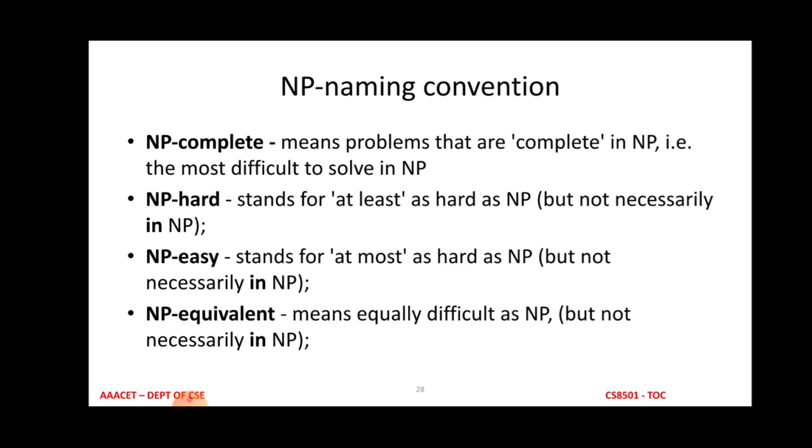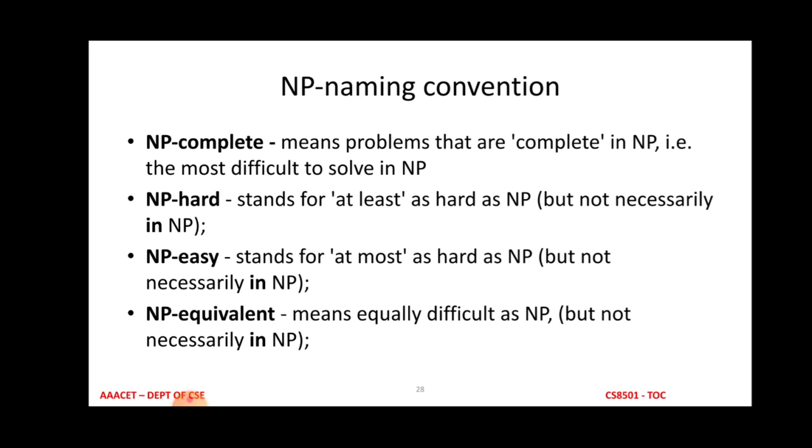If the given problem satisfies only the second property, then it is called NP hard. That's why it is described as not necessarily in NP. So what is NP easy? It stands for at most as hard as NP, but not necessarily in NP. The last one is NP equivalent, which means it is equally difficult as NP, but not necessarily in NP.